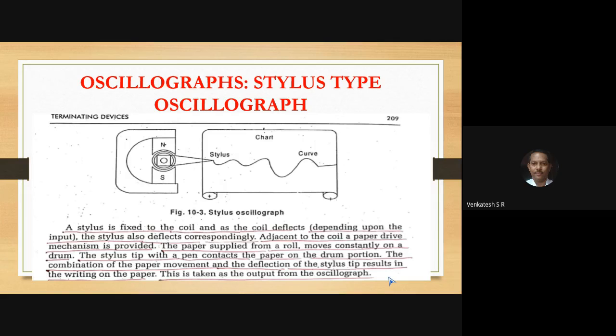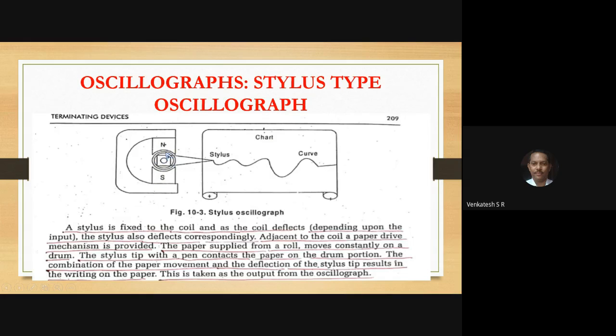Once again, the principal parts of oscillograph. This is the casing, which is made of brass, aluminum, or copper. In the casing or housing, there will be two magnets, one facing North Pole, other one facing South Pole.